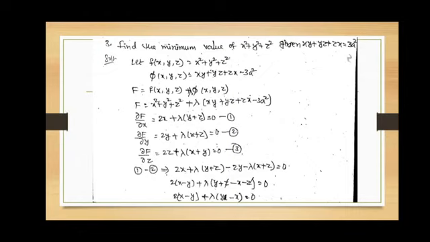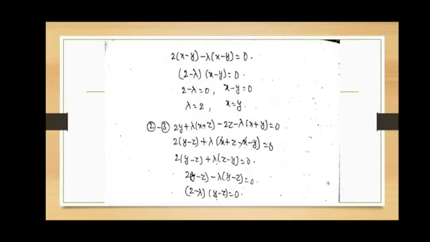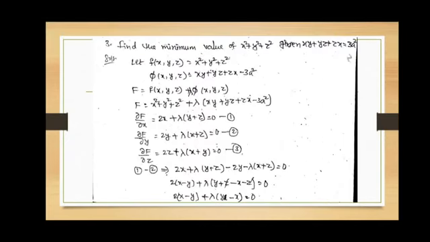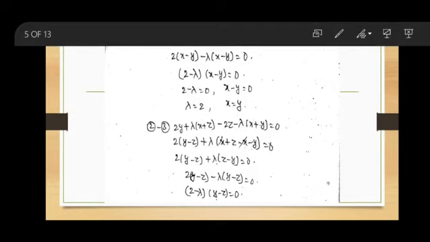In both terms we have the same factor, but in the second term we have y minus x and in the first term x minus y. So if we take a common minus, that will be minus lambda into x minus y. That means the first term and the second term have equal values, so we take x minus y as common, then 2 minus lambda remains.